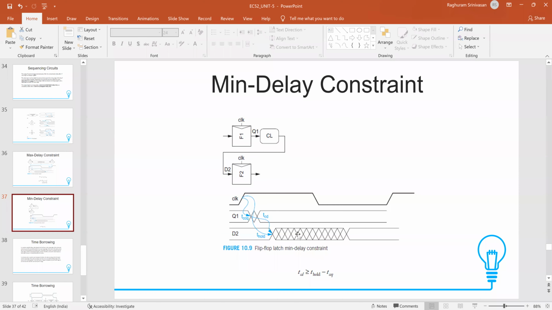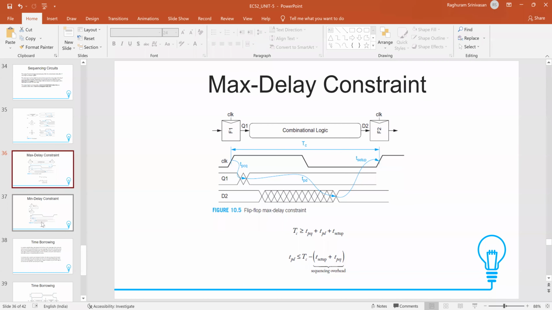So this basically says that the contamination delay of Q plus the contamination delay of the logic should be greater than the hold time, and they have rearranged it so that the TCD, the contamination delay, is only on one side, giving you this equation. This is called the min delay constraint, the contamination delay of your logic block.